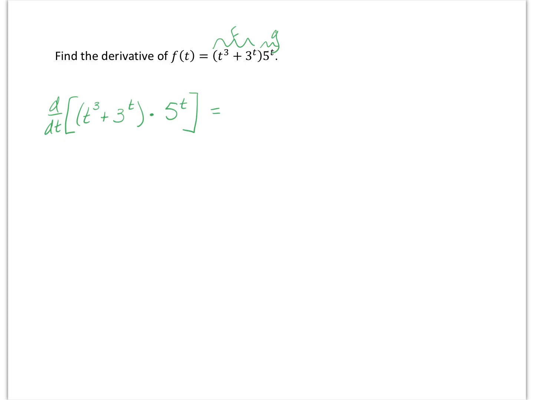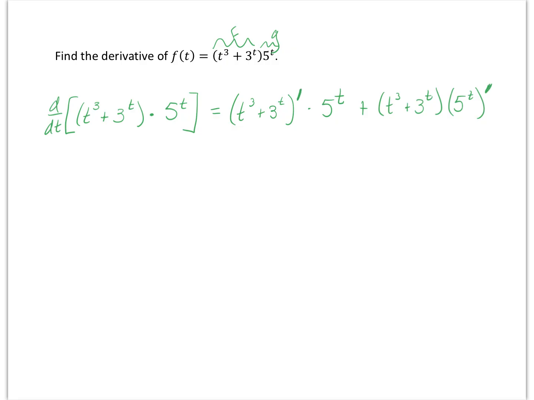So f prime, that would be t cubed plus 3 to the t prime. So the derivative of the first times the second. So just 5 to the t, plain old without taking a derivative, plus f, which is t cubed plus 3 to the t, times the derivative of the second, which is 5 to the t prime.